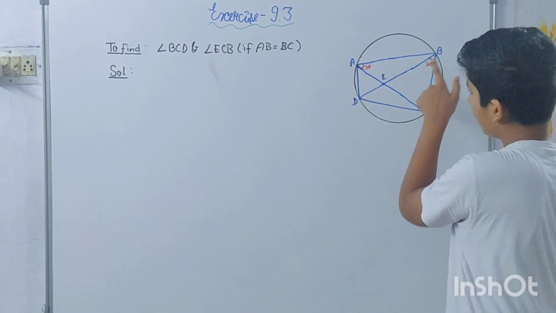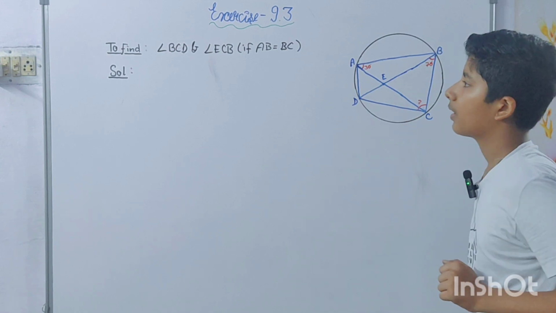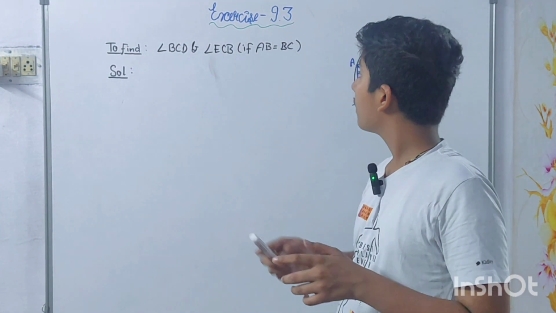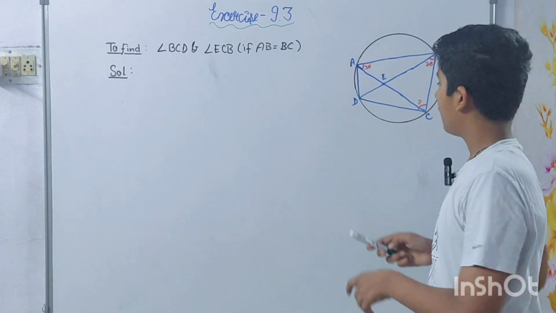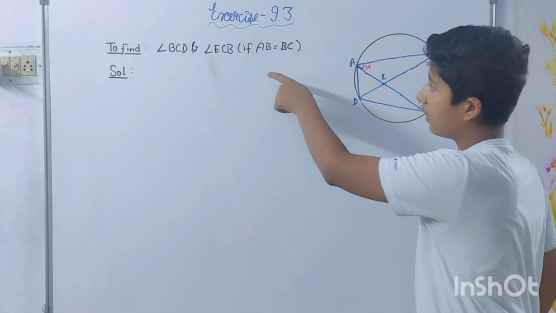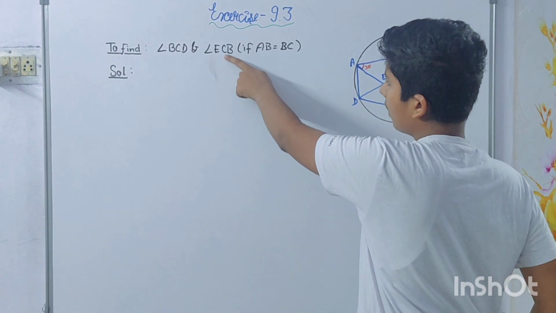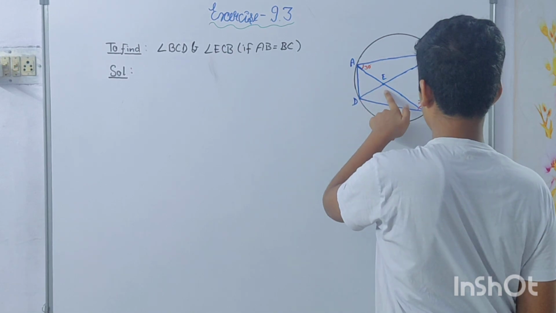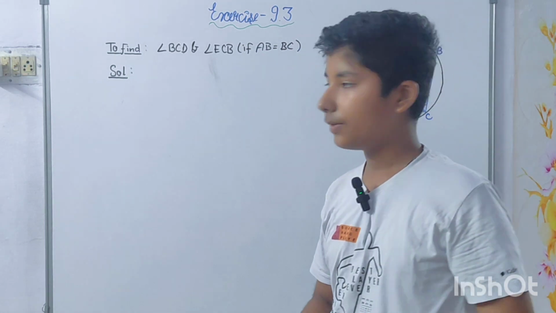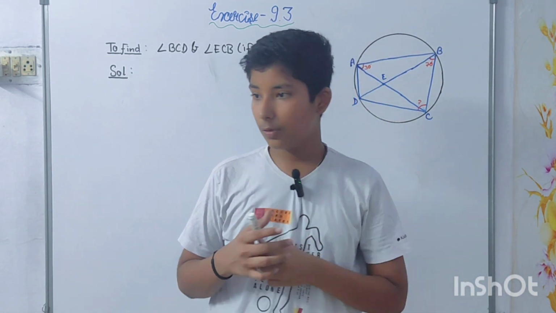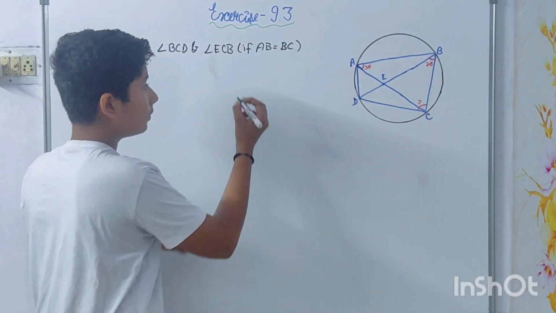We have to find angle BCD, and if AB equals BC, then we have to find angle ECB. So see, now I'll write the solution.